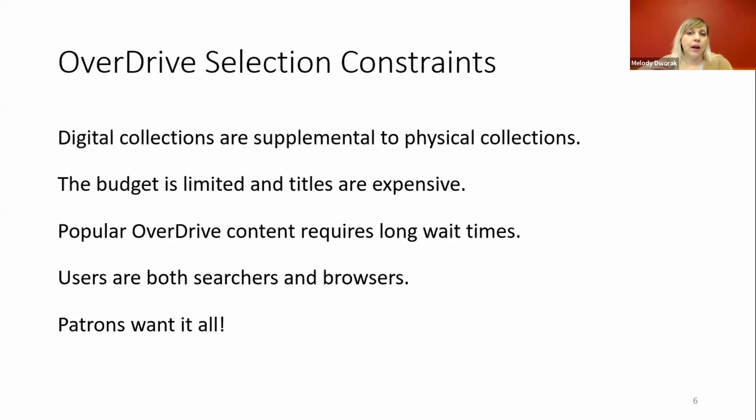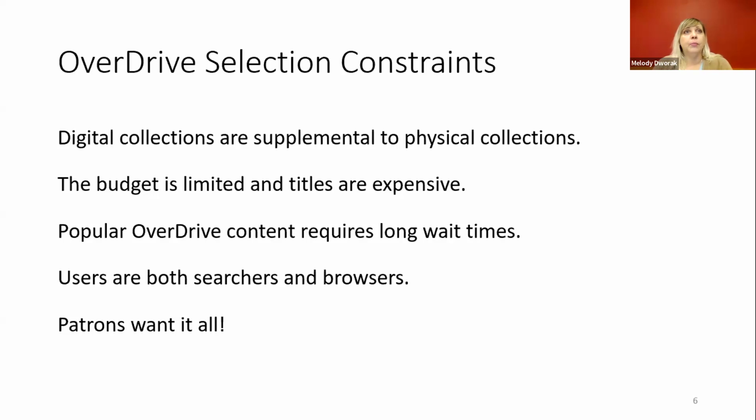So I decided that digital collections are not going to be a replacement to physical collections. They're not going to be a definite duplication of the physical collection, but just supplemental. The budget is limited, like I mentioned. One constraint is that Overdrive content requires long wait times for the most popular stuff.